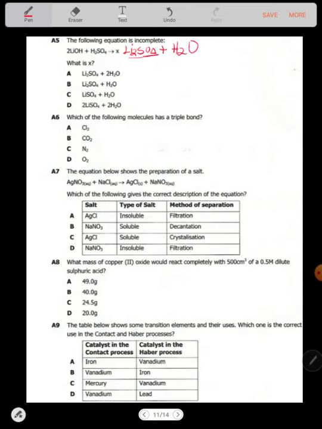Now, is it balanced? When you look here, you have 2 lithium and here you have 2 lithium. We have 4 hydrogen this side. Do we have 4 hydrogen here? No. So we need to put a 2 in front here. So what we have here is this and this, which is A. So the answer is A.